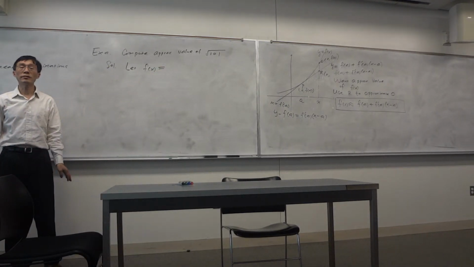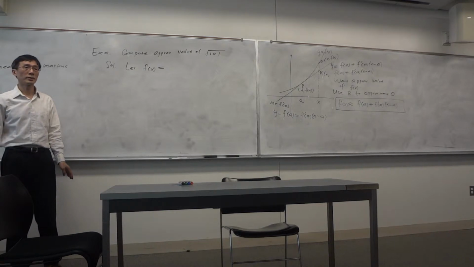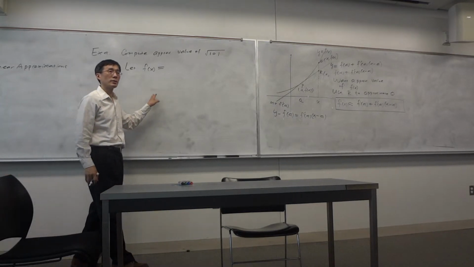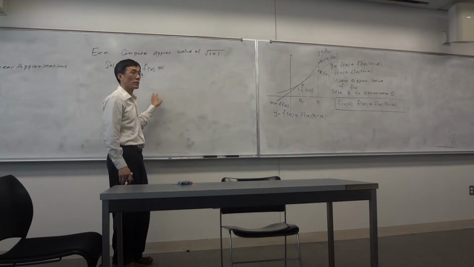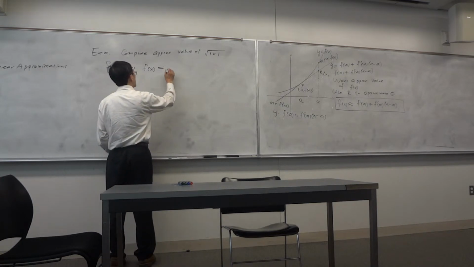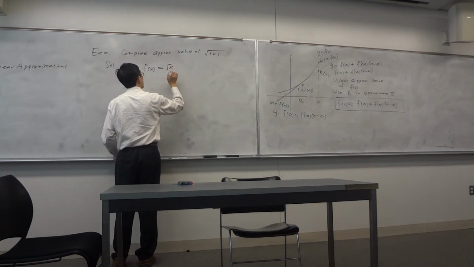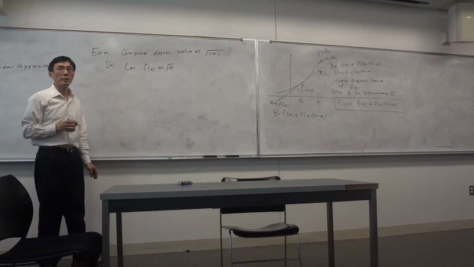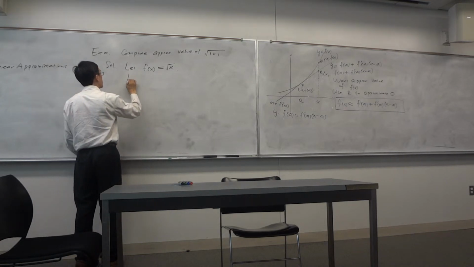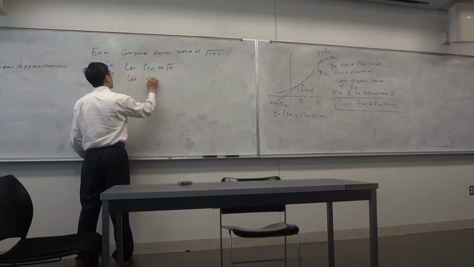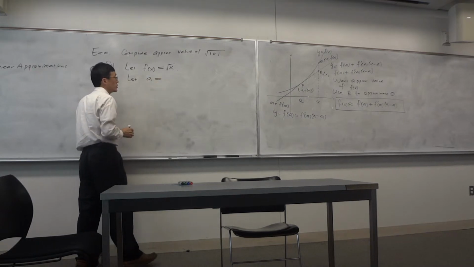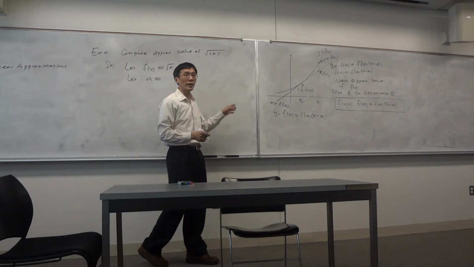That would be the square root of x, right? Is that more or less obvious to us? Usually the choice is obvious. So let f(x) be the square root of x. That also decides what a should be. Well, a is usually a simple number that is nearby.